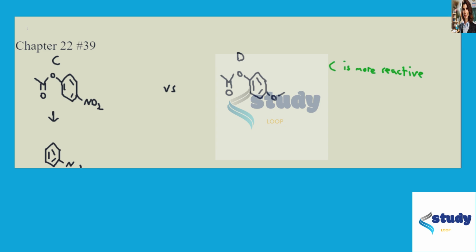Let me draw this out. We would have 3 lone pairs and a negative charge on this oxygen. The way that we draw the NO2 group is to draw one oxygen with a single bond and the other with a double bond and a positive charge on the nitrogen.